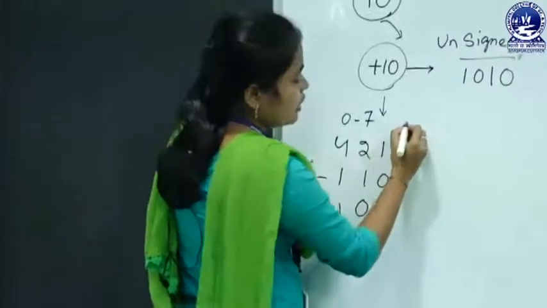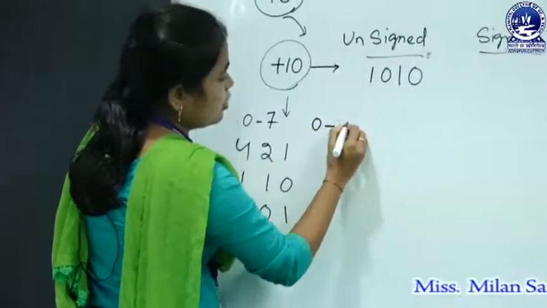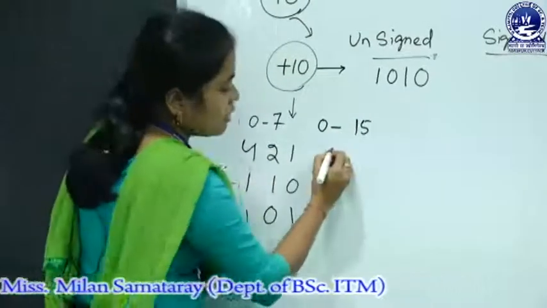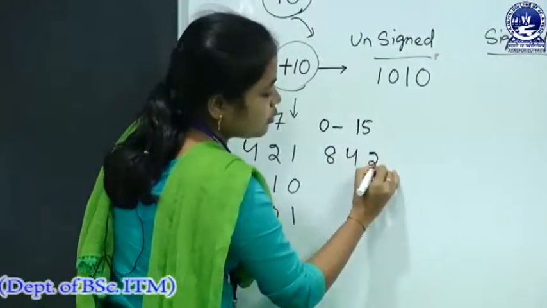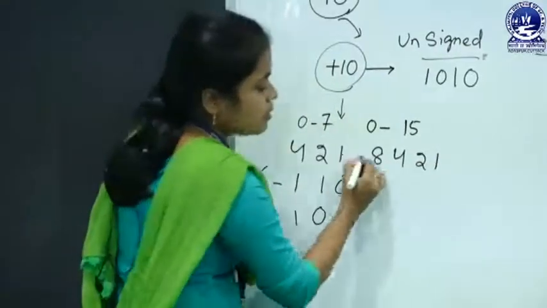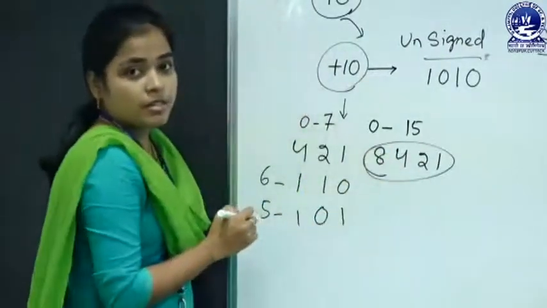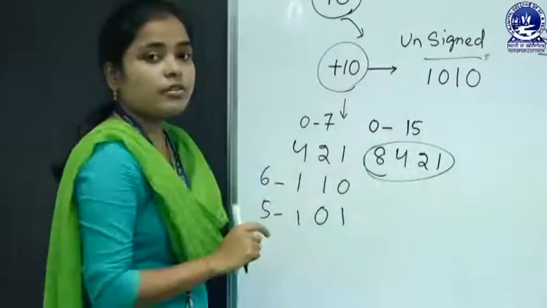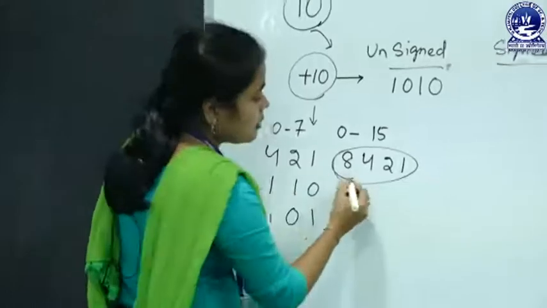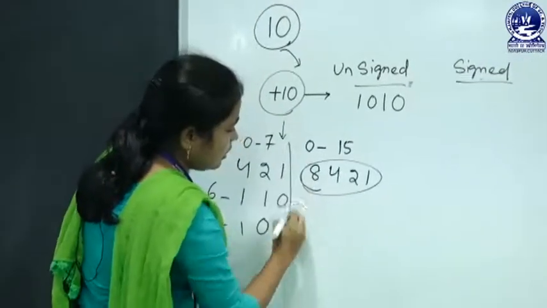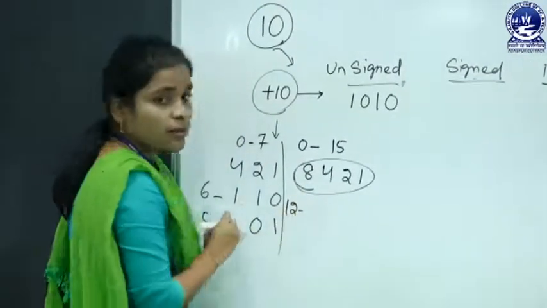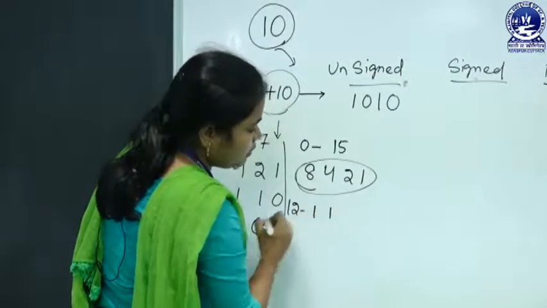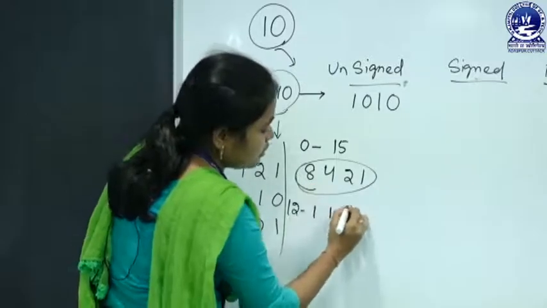If we want to represent from 0 to 15, what will be the shortcut? 8 4 2 1. This is the magic number. You have to remember this, so that you can easily convert a decimal number into its binary value. For example, to represent 12: the 8 value will be 1 and the 4 value will be 1, then the rest will be 0 and 0.